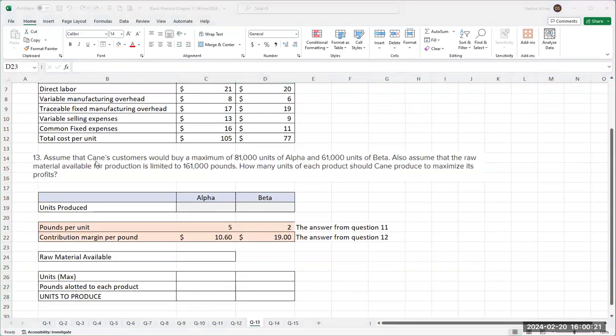Okay, question 13. Assume Kane's customers would buy a maximum of 81,000 units of alpha. So I'm going to put that down here, 81,000.